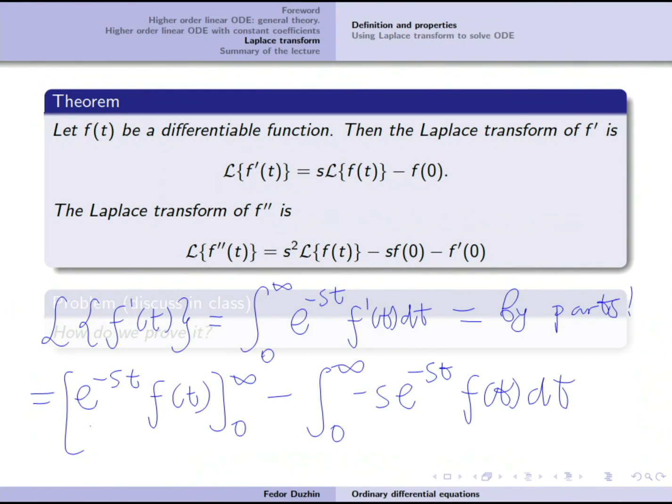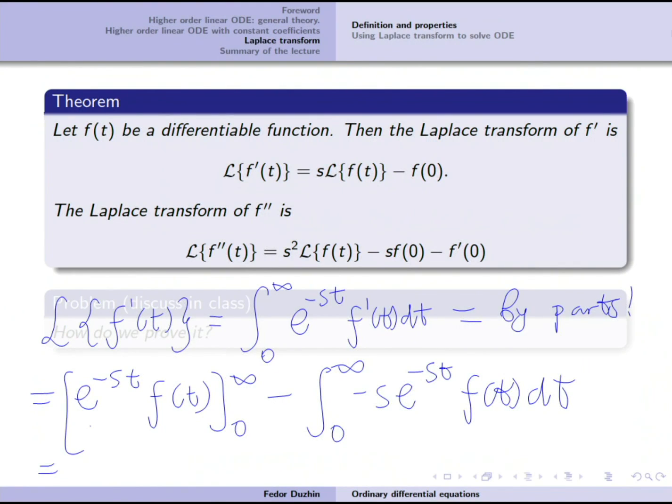Let's look at the first term, the change of e to the minus st times f of t from 0 to infinity. At infinity, since f of t is supposed to be a function that doesn't grow too quickly, the limit of e to the minus st times f of t is going to be 0.